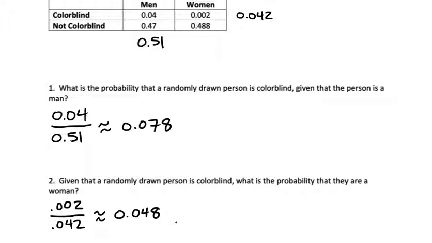So this is telling me that out of the total population of people who are colorblind, only 5% of them are women. And that's a pretty strong indicator that colorblindness and gender are not independent. Whether or not you are colorblind depends pretty significantly on what your gender is.